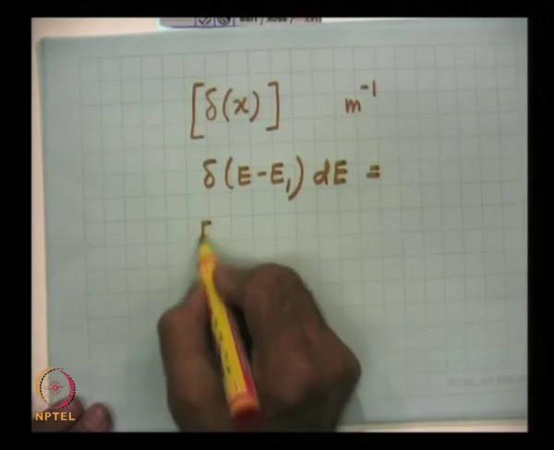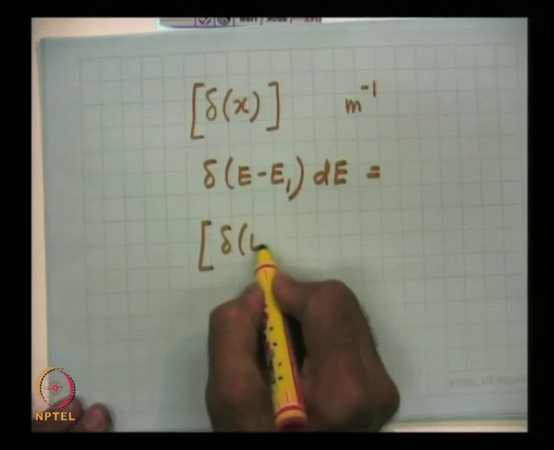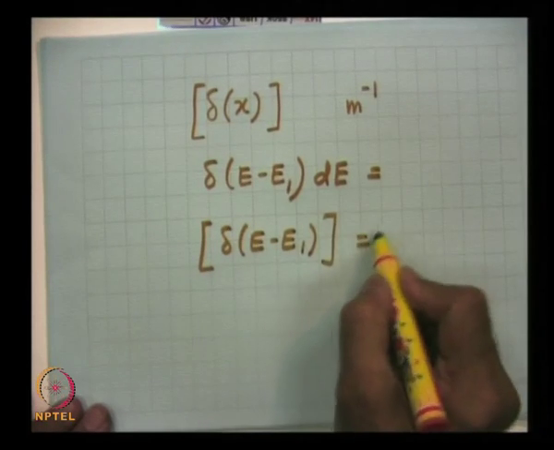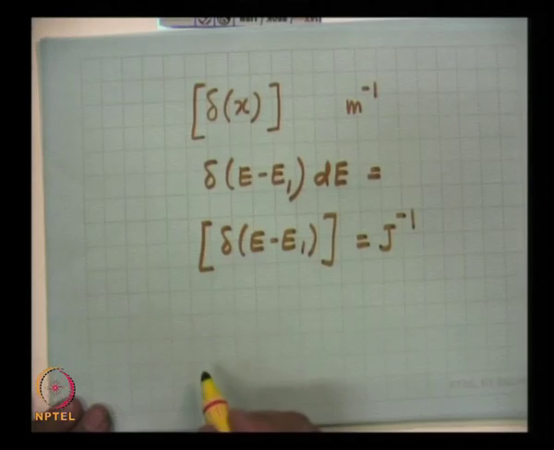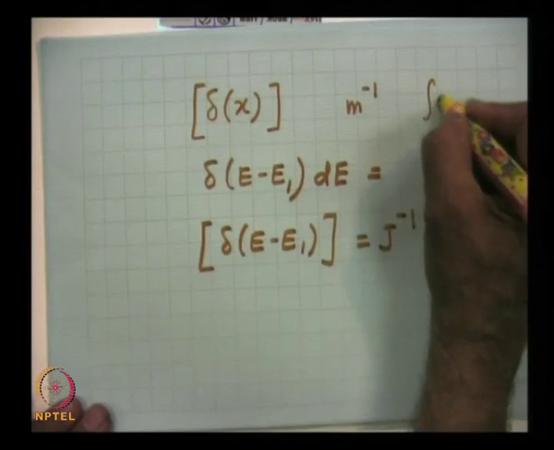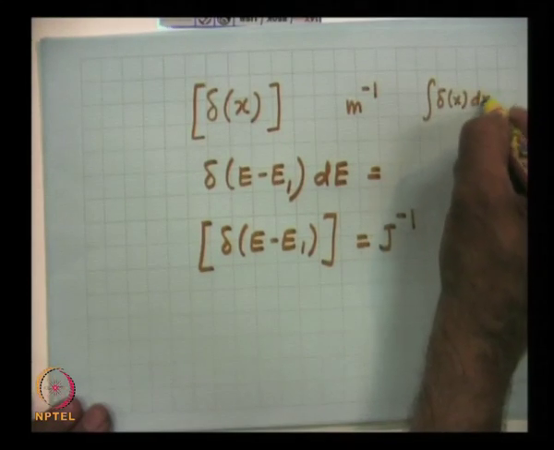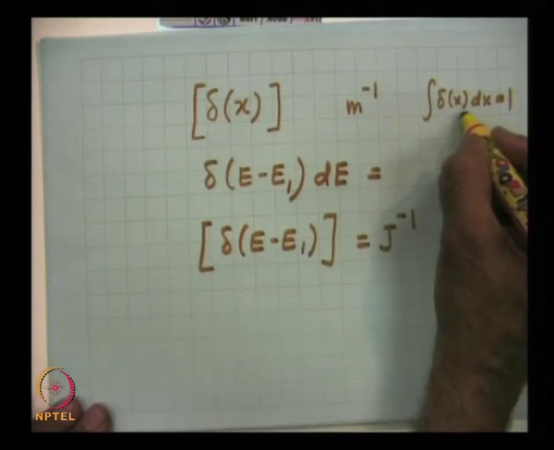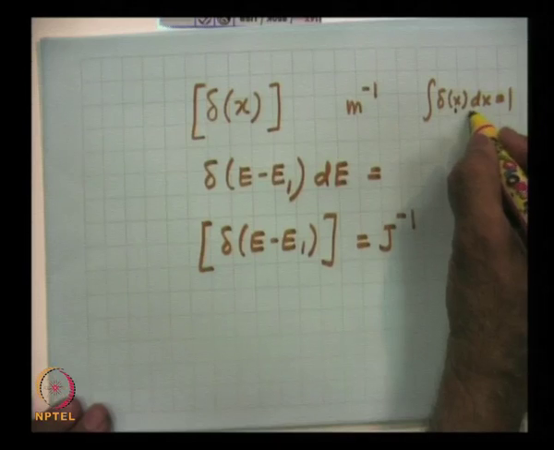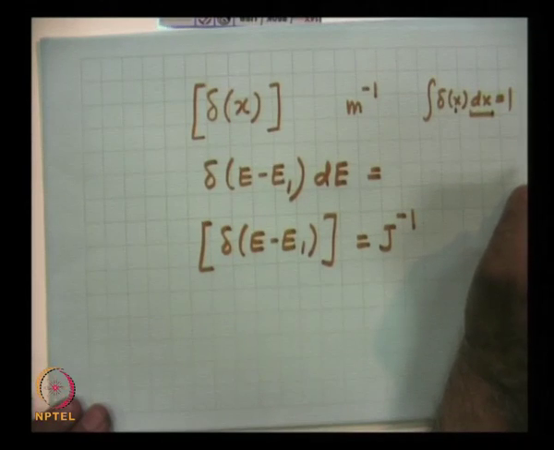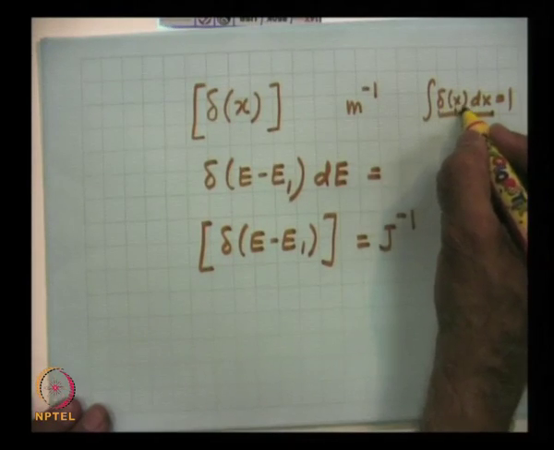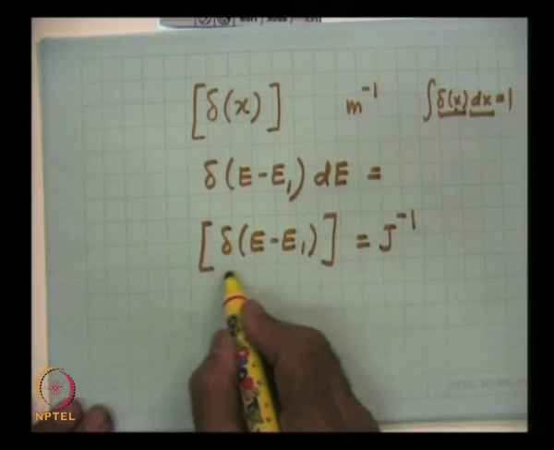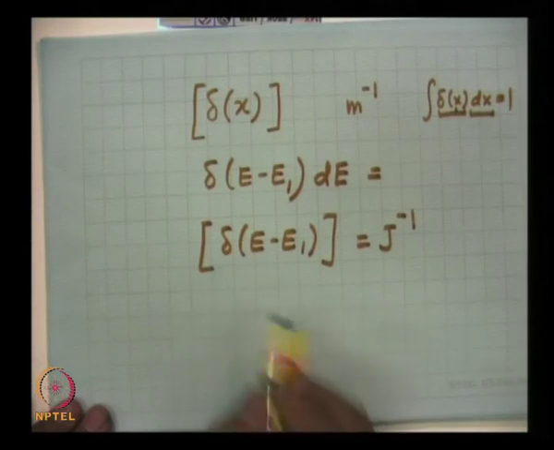So, therefore, the dimensions of delta of E minus E1 is joules inverse. Here delta of x dx is equal to 1. So, if x is in meters, dx has the dimension of meters, delta x will have a dimension of meter inverse. So, it is not just an ordinary function, it is a distribution.